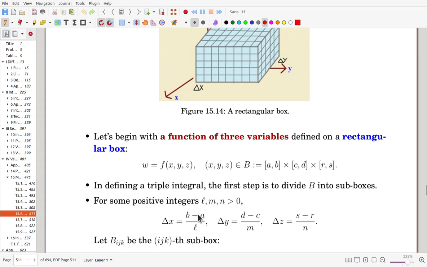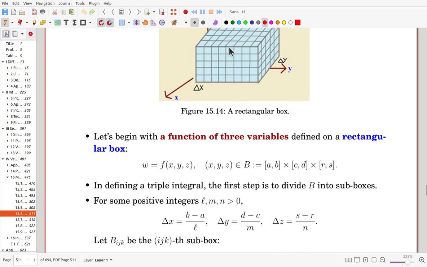For some positive integers l, m, n, we define delta x, delta y, delta z, so that in the x direction there are l subintervals, in the y direction m subintervals, and in the z direction n subintervals.